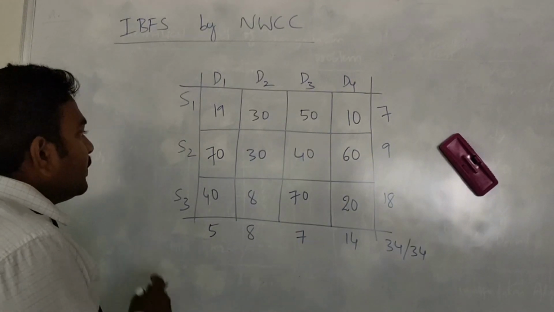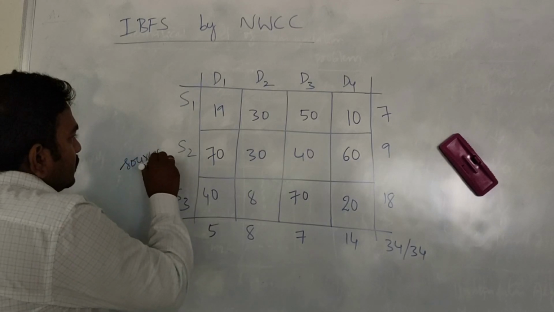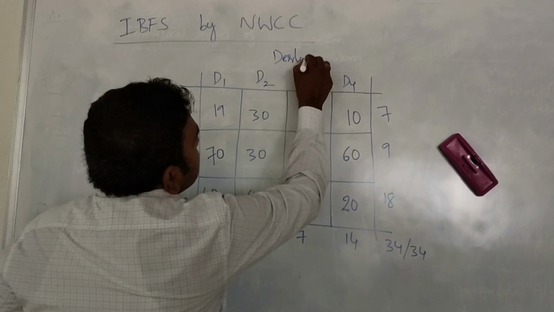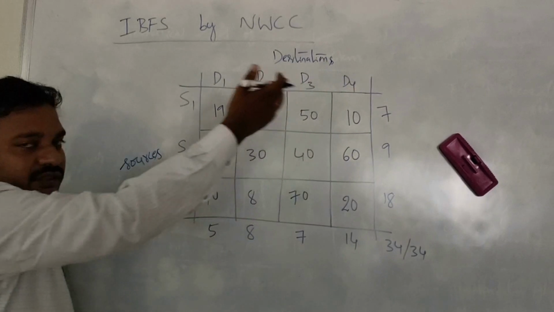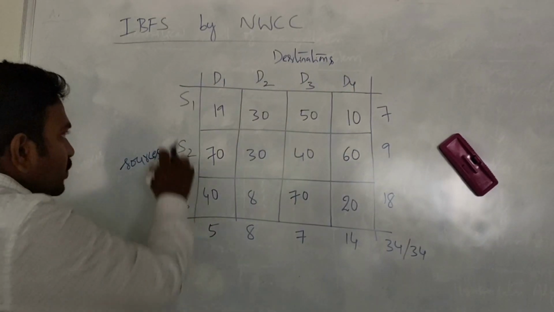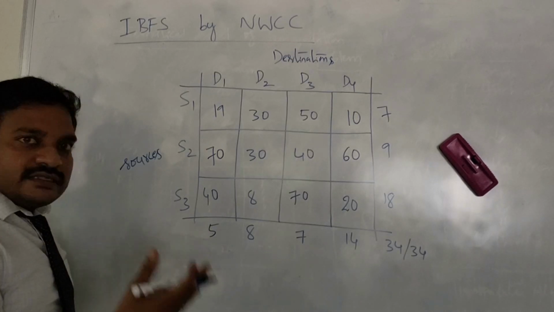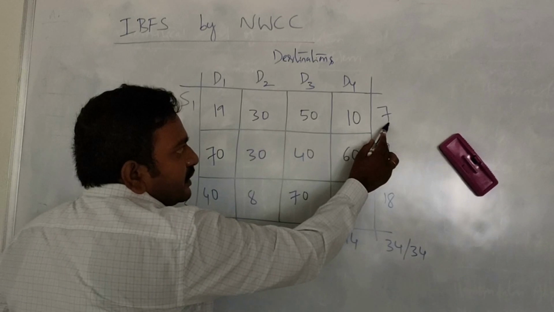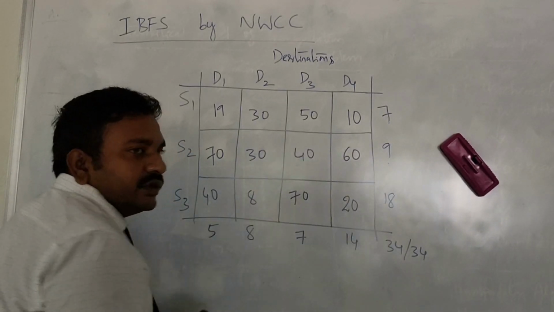The company has got 3 sources, and again the company has got 4 destinations. D1, D2, D3, D4 are the markets. S1, S2, S3 are sources, warehouses, the supply points. S1 has a capacity of 7 units, S2 9 units, S3 18 units.